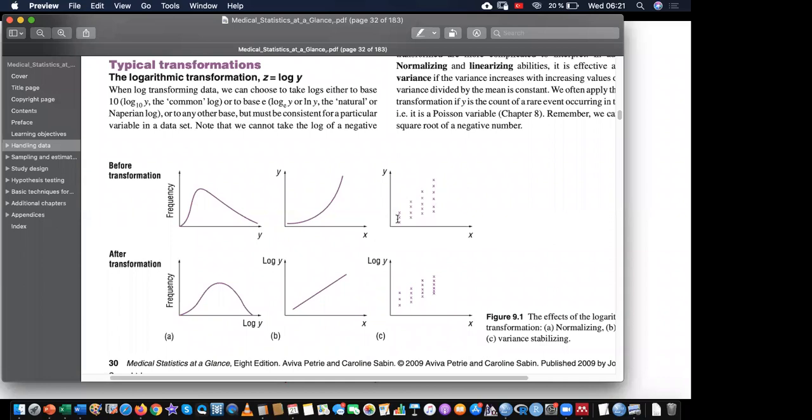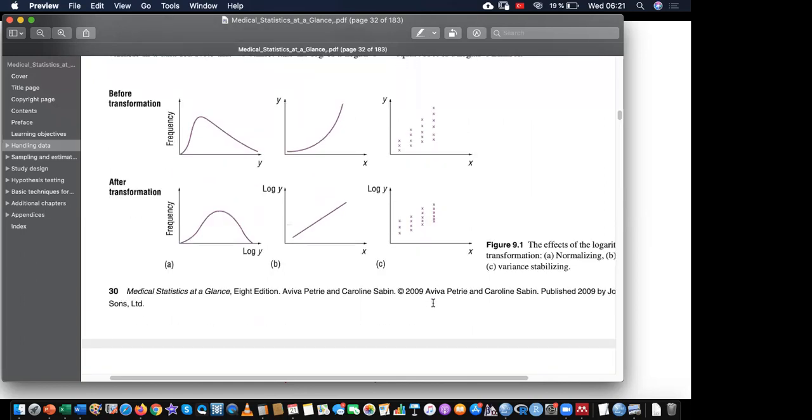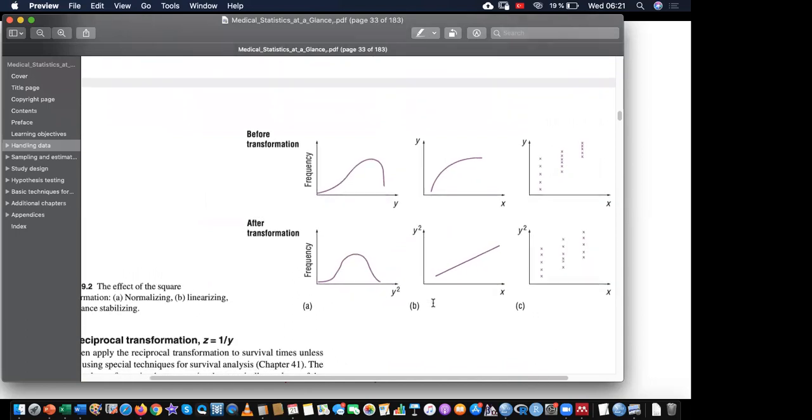If you have too much scattered, too much deviated variable measurements, high variance, and you take the logarithm, the values will get closer to each other, and then your standard deviation or your variances will be less. Here you have higher variance. Here, after transformation, you have lower variance.